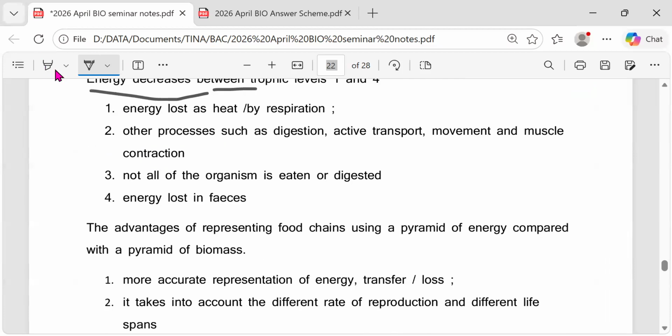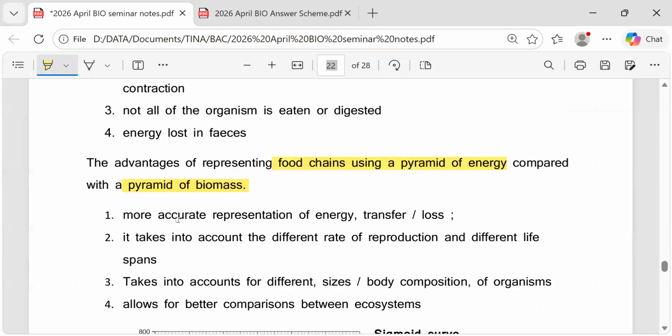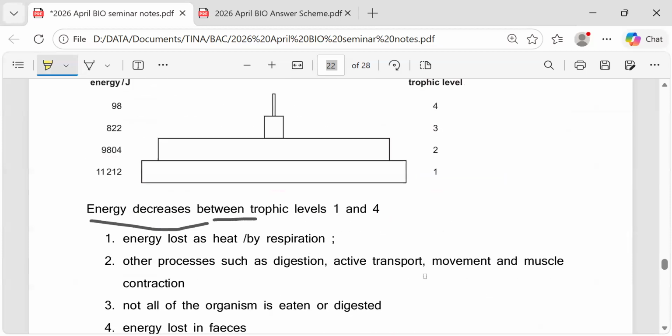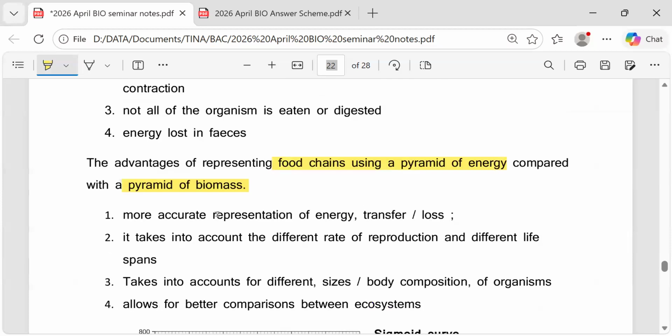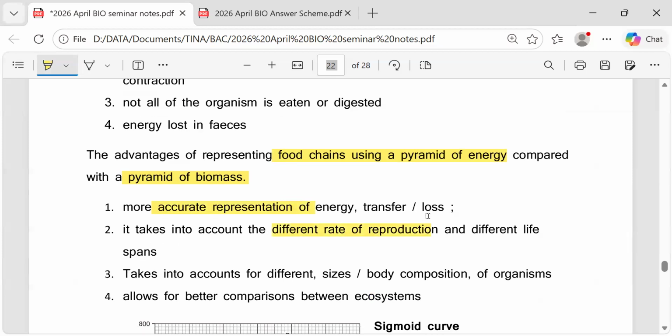Another question: why is it better to represent food chains using a pyramid of energy than a pyramid of biomass or pyramid of numbers? Because the pyramid of energy will always be pyramid shaped, so it's a more accurate representation. It takes into account the different rates of reproduction and different sizes.